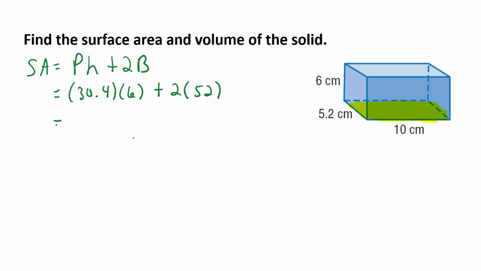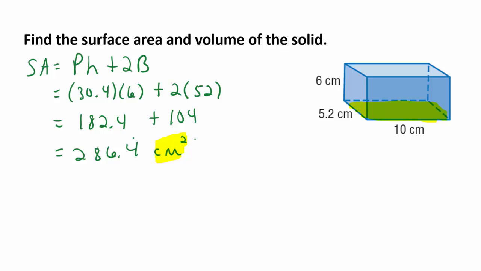Okay, now 30.4 times 6 is going to give me 182.4 plus 2 times 52, which is 104. If we add those two together, we're going to get exactly 286.4 centimeters squared. Just want to keep reiterating the fact that it's going to be centimeters squared.